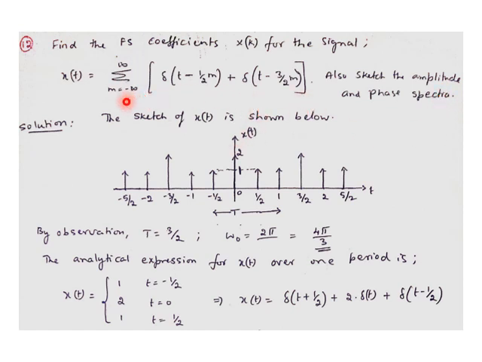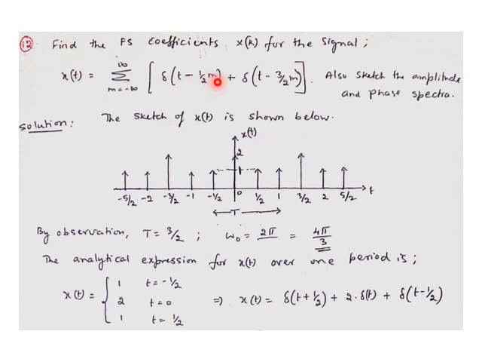For the given equation, x of t is the summation from m equal to minus infinity to infinity of delta t minus 1 by 2m plus delta t minus 3 by 2m. So there are two sets of shifted deltas. If m equal to 0, we get delta t directly.